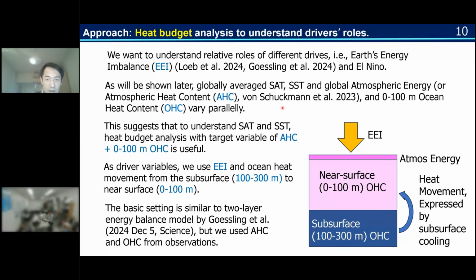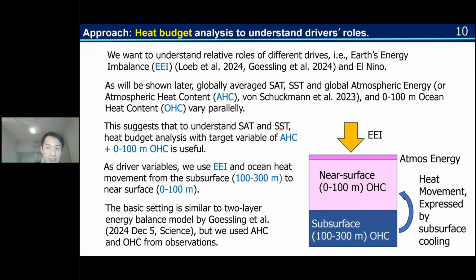This combined atmospheric energy and near-surface ocean heat content anomaly varies consistently with surface air temperature and sea surface temperature. So to understand these variables, it's very useful to understand SST and SAT.